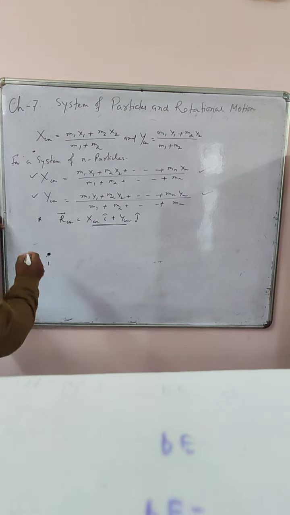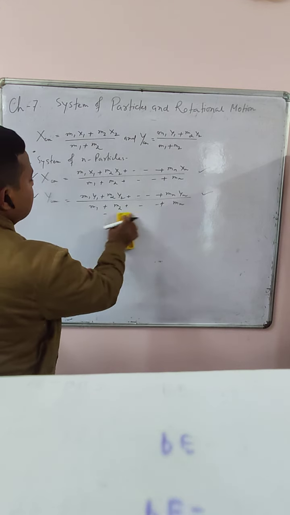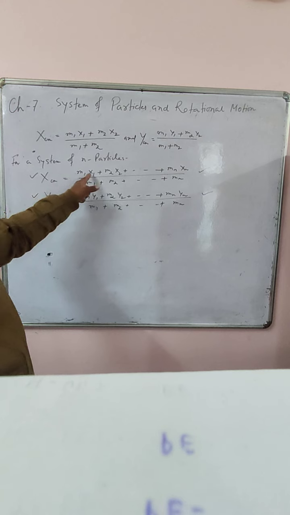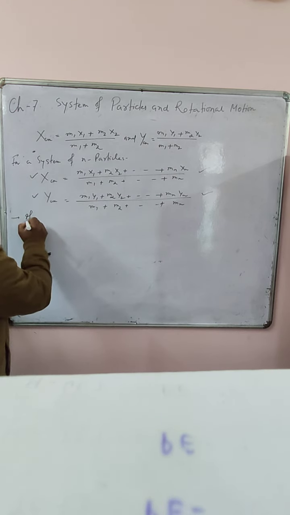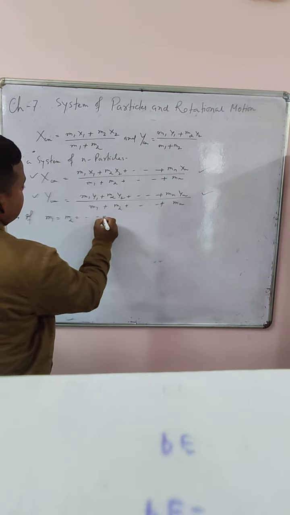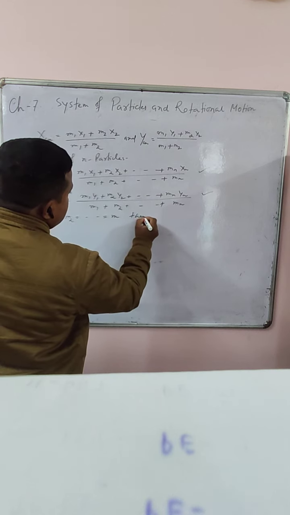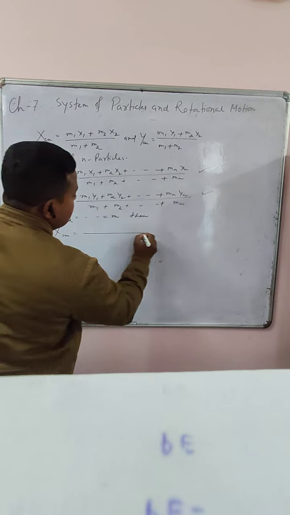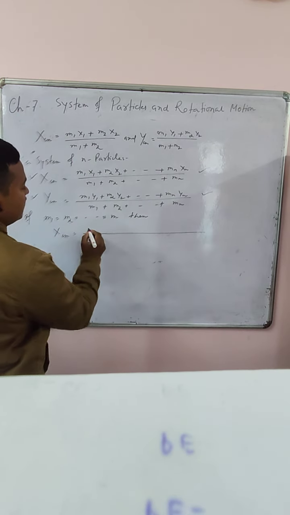Now in this case, if the masses are equal, then what happens? If the masses of the particles are equal, so if we consider m1 equal to m2 equal to m, then xcm will be what? If masses are equal, all are m, so you take m common.